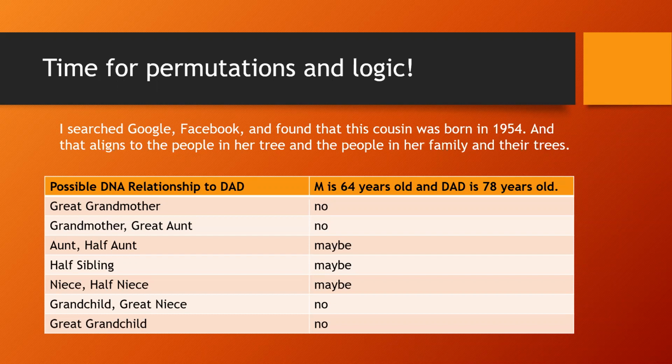And that aligns to the people in her tree and the people in her family and their trees and how I've started to kind of put together those common surnames. So I've looked at the possible DNA relationships to the tester's dad. And if cousin M is 64 and dad is 78, here's where I'm going to focus my investigation on these three in the middle. There's actually 5 relationships there.